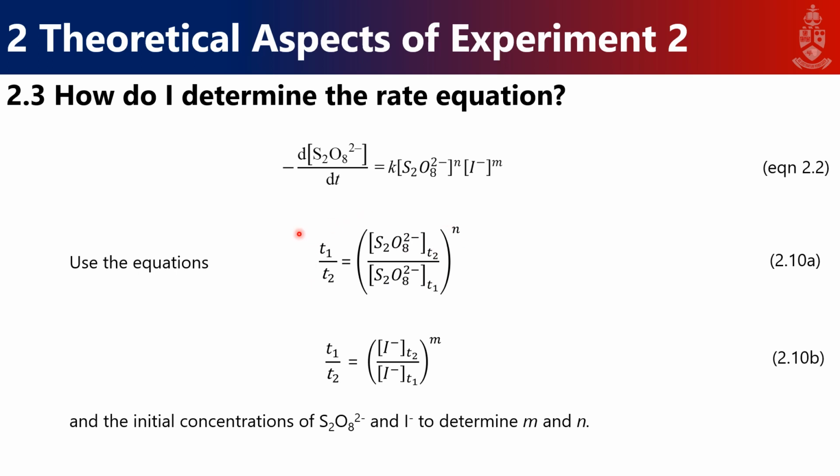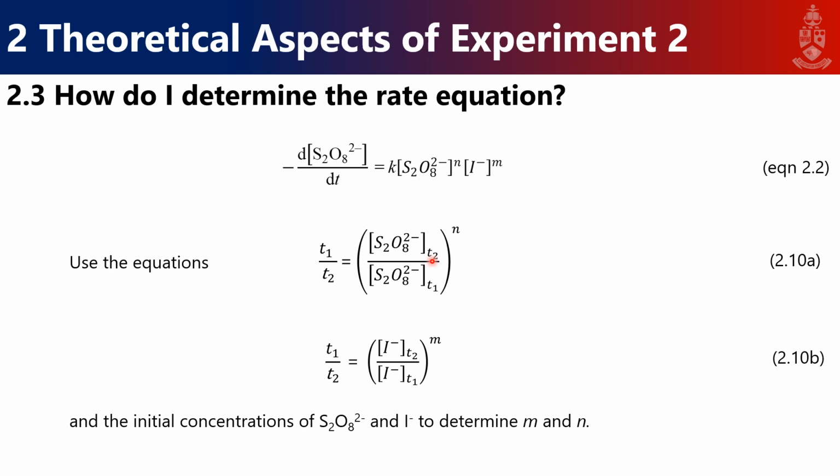But when you use a set of experiments, the concentration of your other reactants should remain constant. So you can only use this ratio if, in this case, the iodide concentration between experiment 1 and experiment 2 remained constant. So make a huge mental note of that.